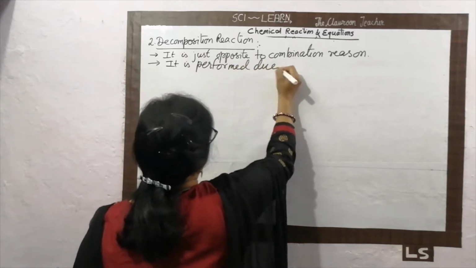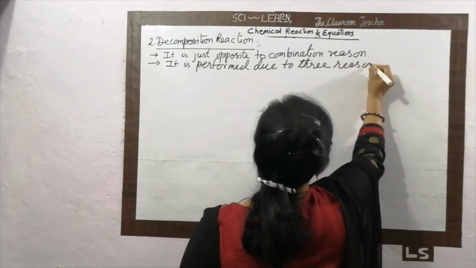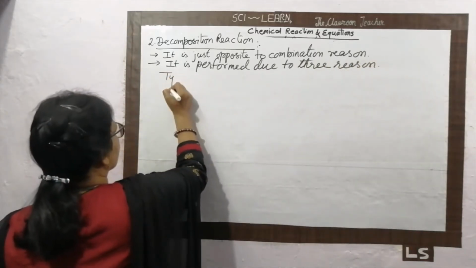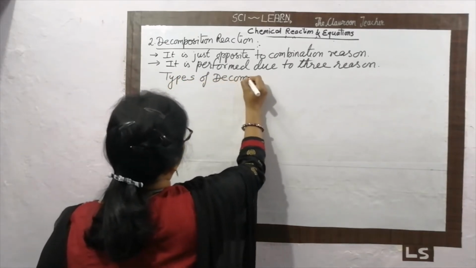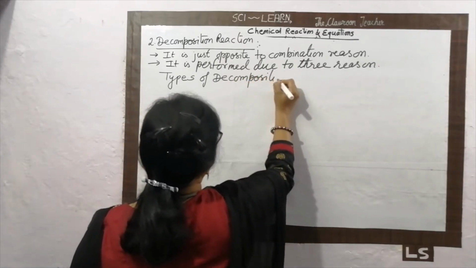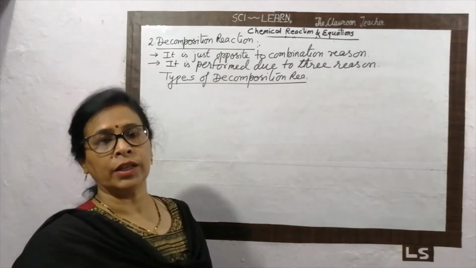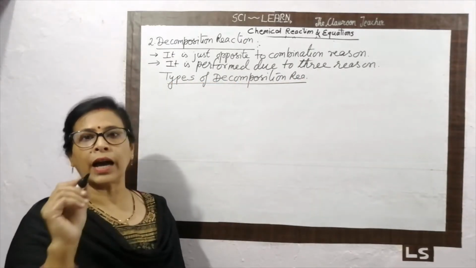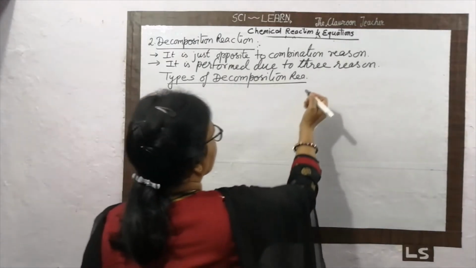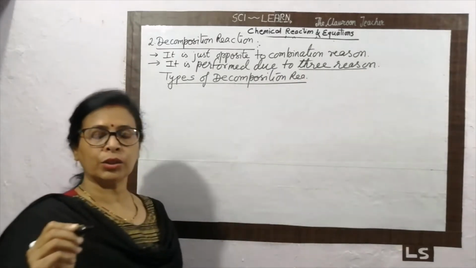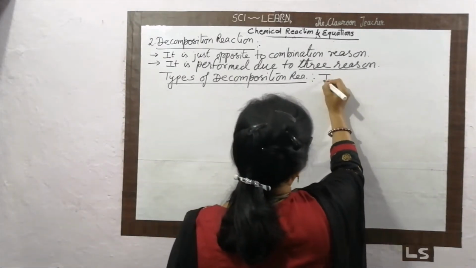The types are based on the condition that is essential for the reaction. That condition defines the types of decomposition reaction. So there are three conditions, and so three types of decomposition reaction.